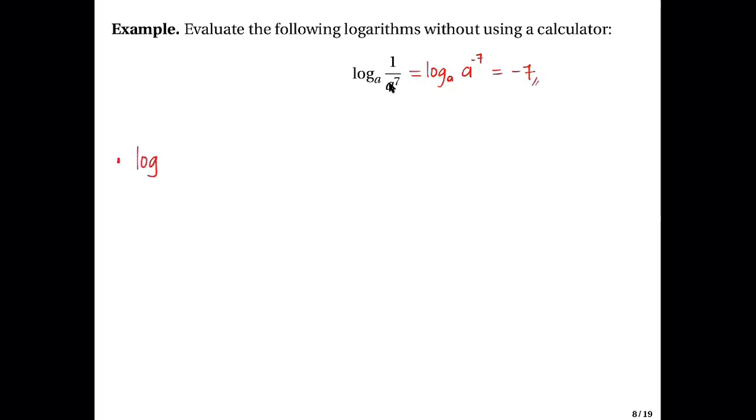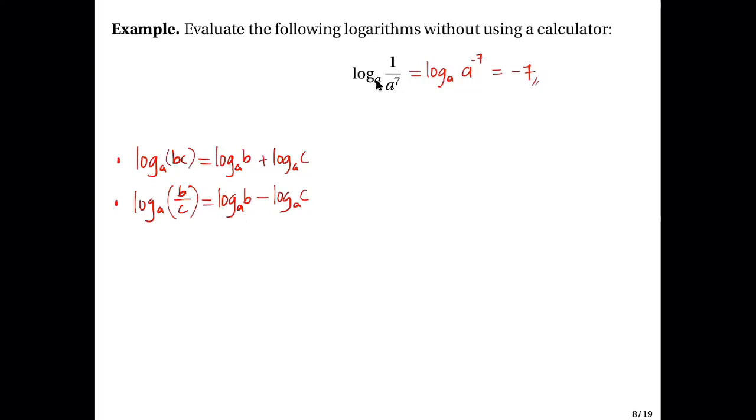Remember, log of BC with base A is equal to log of B with base A plus log of C with base A. And another property: log of B over C with base A is equal to log of B with base A minus log of C with base A. This particular property we now use in order to solve log of 1 over a to the 7 with base A.